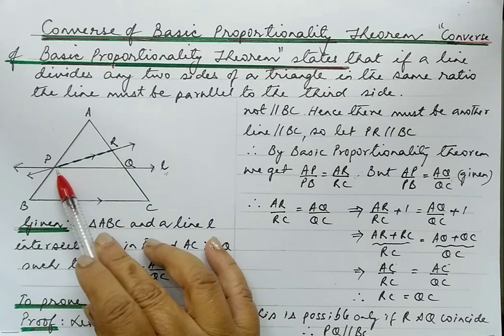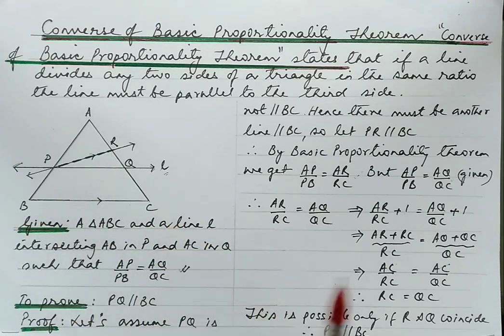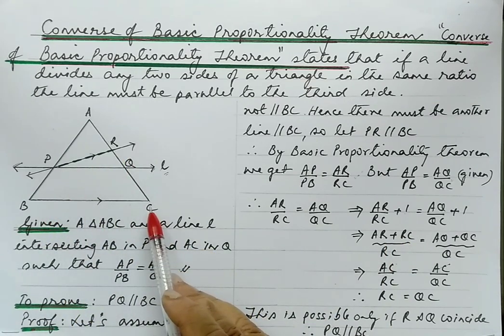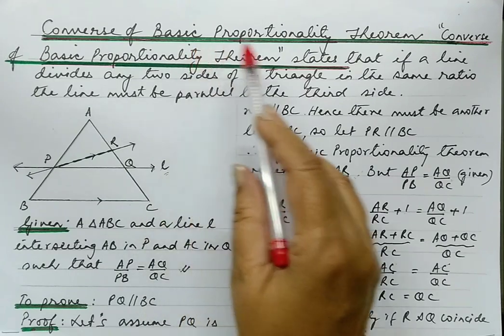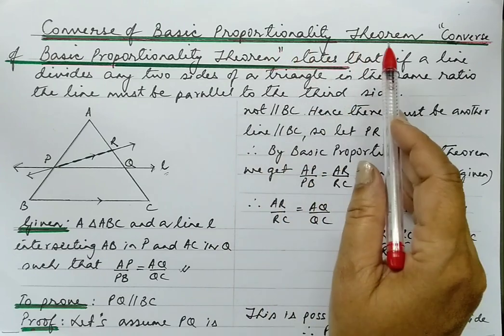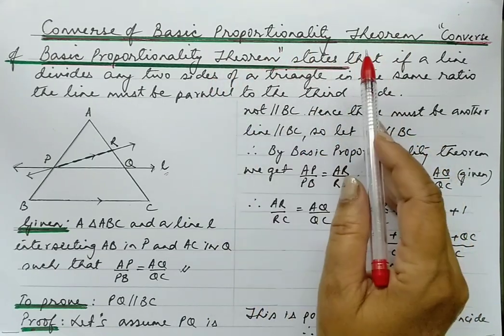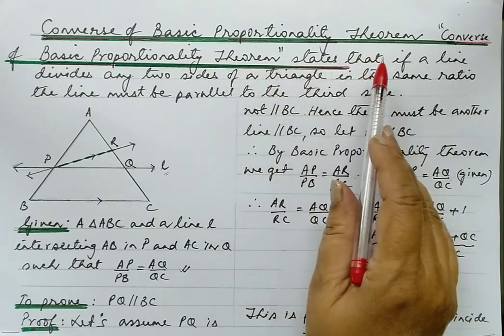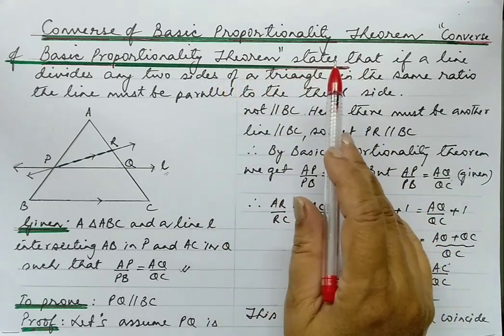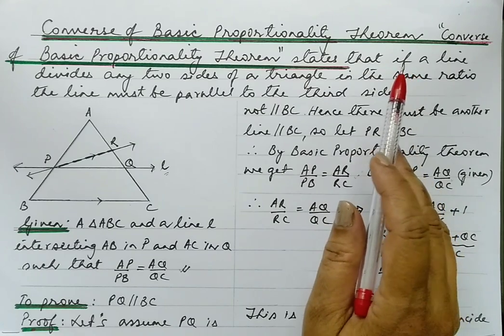Let's assume that PR is parallel to BC. And as per the basic proportionality theorem, not the converse, you must go and watch my basic proportionality theorem video to get clarity.